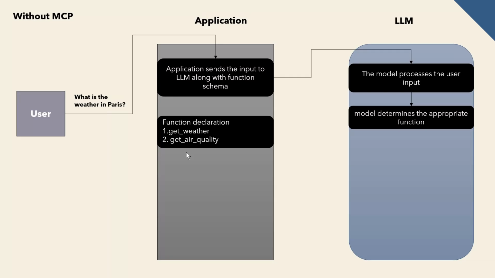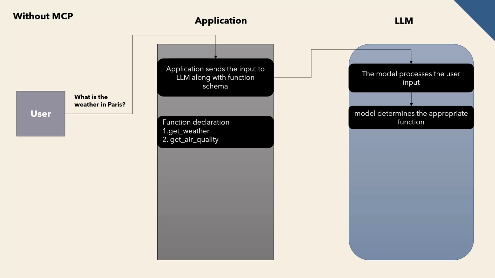So the model processes the user input. The model determines the appropriate function. Today, just as an example, we have get weather and get air quality, but in real-time applications we might have 50 tools or hundreds of functions, and you have to send all of them to the LLM, because the LLM is just a memory, and it's not aware of what custom tools you have defined.